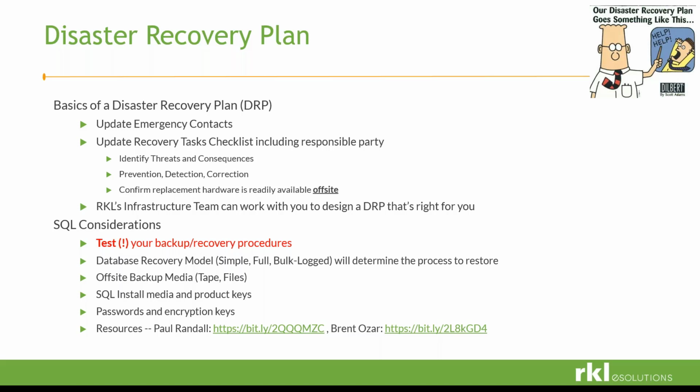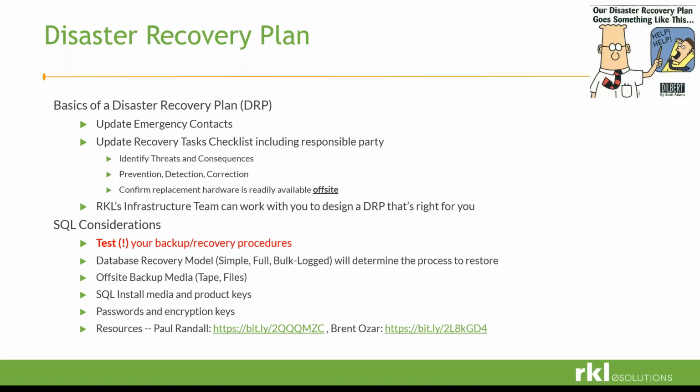So a disaster recovery plan, which I'm abbreviating here as a DRP, is really just a guidebook that allows you, in the event of an emergency, to know who you need to reach out to, what tasks need to be done and who's responsible for each of those tasks, and includes things like what kinds of threats are we subject to, right? So all of us are subject to weather-related threats, whether that be a hurricane, tornado, or some other catastrophe like a fire that consumes the building.